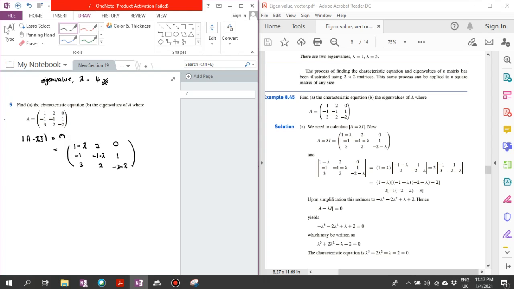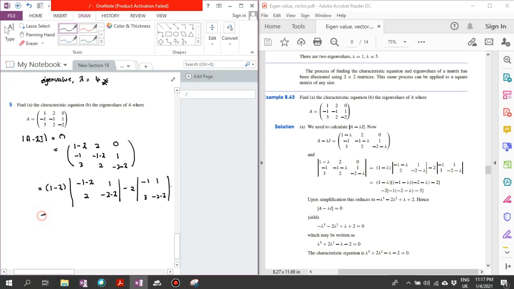Then in order to solve this, you can take the determinant, so it becomes 1 minus lambda for the first row, and you keep the minor with negative 1 minus lambda, 1, 2, negative 2 minus lambda. Then for the second one, minus 2, you have the minor negative 1, 1, 3, negative 2 minus lambda. Then the last one will be 0, so no need to add the times 0 term here.